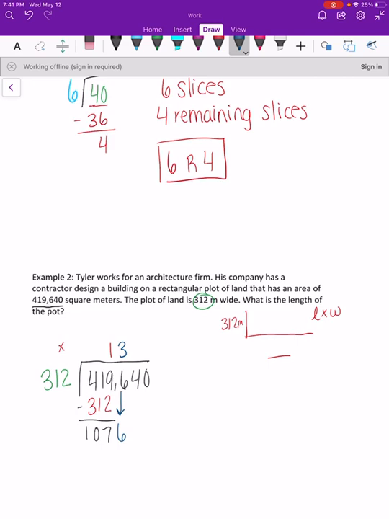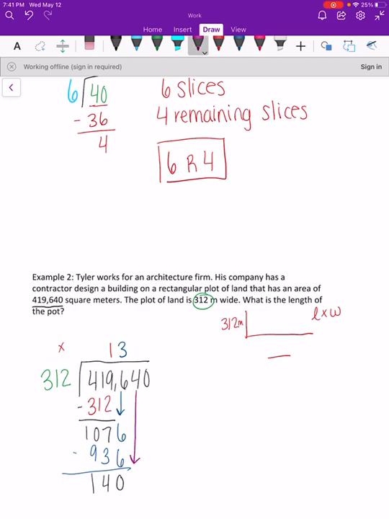And then 3 times 312: 3 times 2 is 6, 3 times 1 is 3, and 3 times 3 is 9. So I'm going to subtract those. 6 minus 6 is 0. 7 minus 3 is 4. And then I do 10 minus 9 is 1. So 140. And now I'm going to drop down this 4.